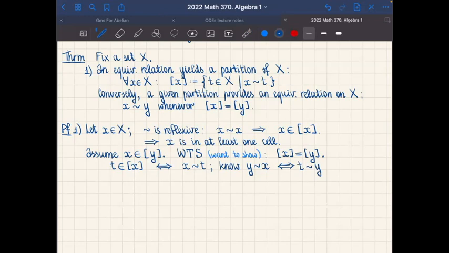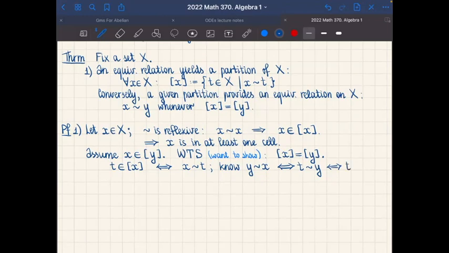And if t is equivalent to y, knowing that y is equivalent to x, it yields x is equivalent to t. So I write a double-sided arrow here. And t equivalent to y is the same as saying that y is equivalent to t, or in other words, that t lies in the equivalence class of y.